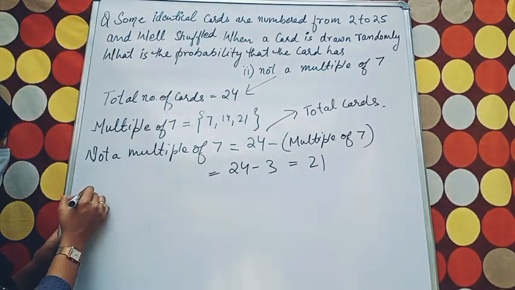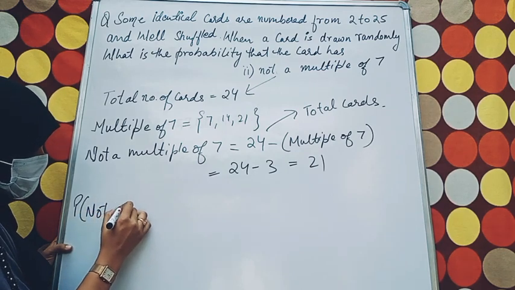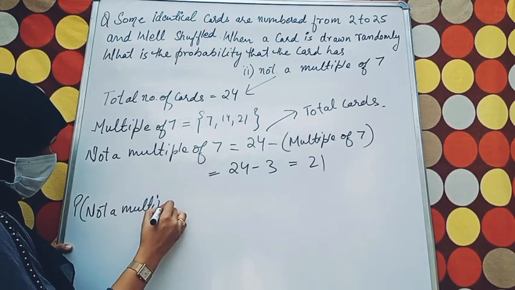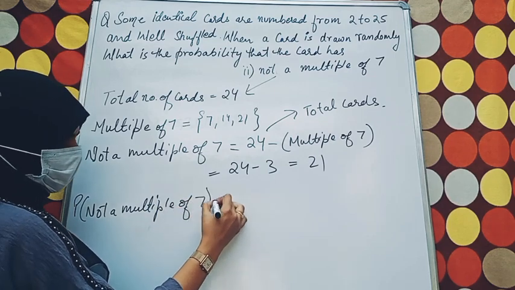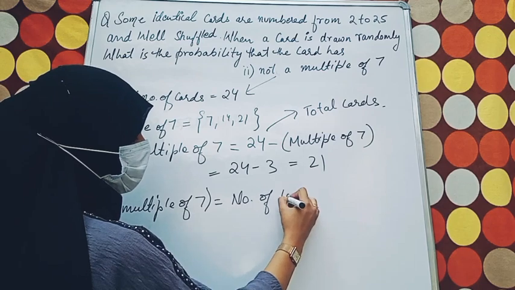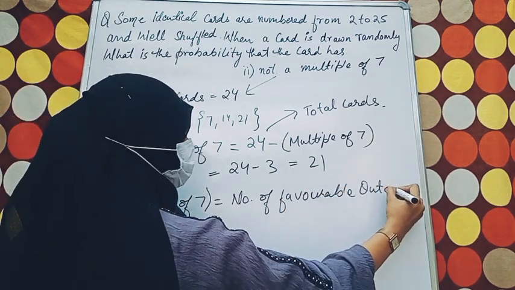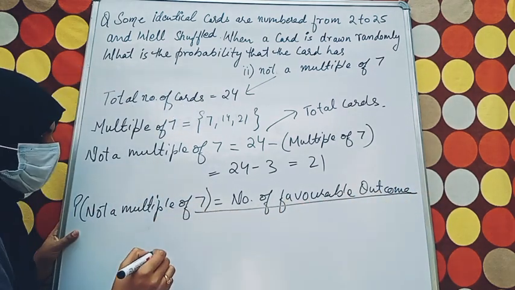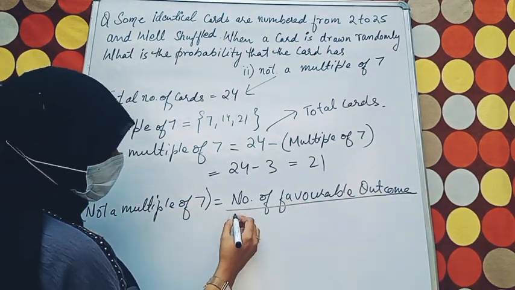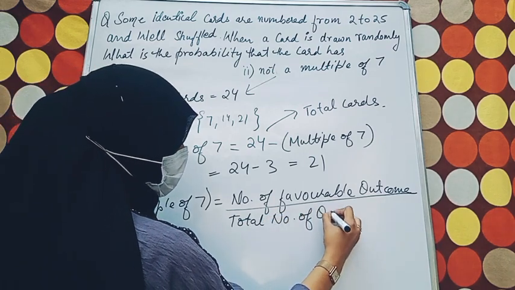So for probability, not a multiple of 7 equals number of favorable outcomes upon total number of outcomes.